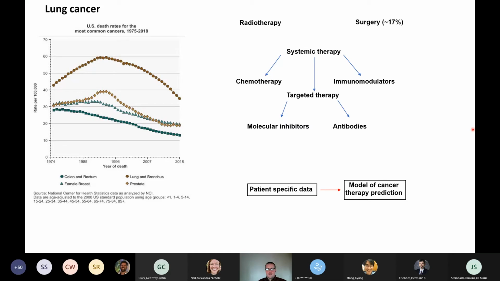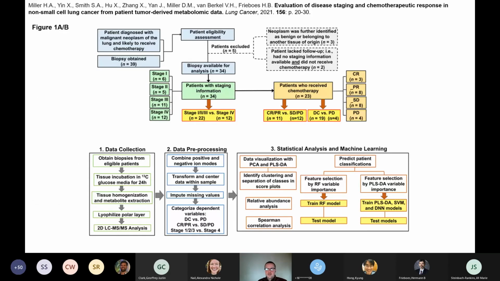So I will briefly go through one of our publications focused on using machine learning for predictive modeling of lung cancer therapy. In collaboration with Norton Hospital and Dr. Van Berkel at the University of Louisville Hospital, we obtained tumor core biopsies from 39 patients, of which 34 had pathological staging and 23 had therapy response information.